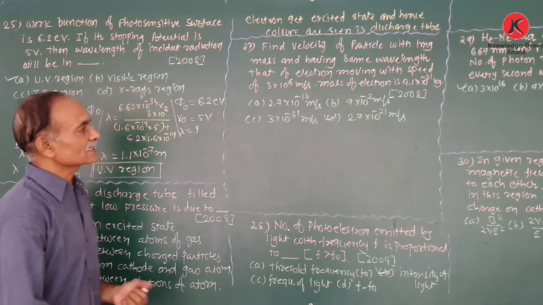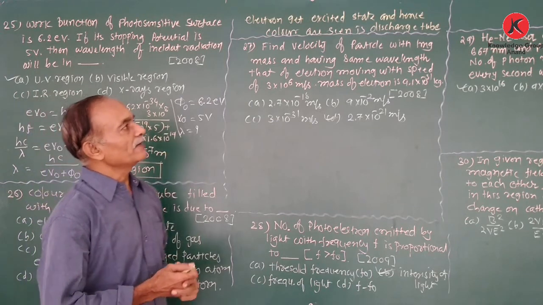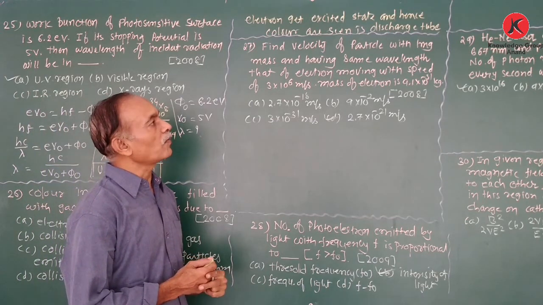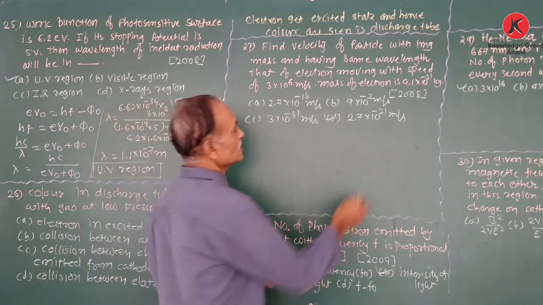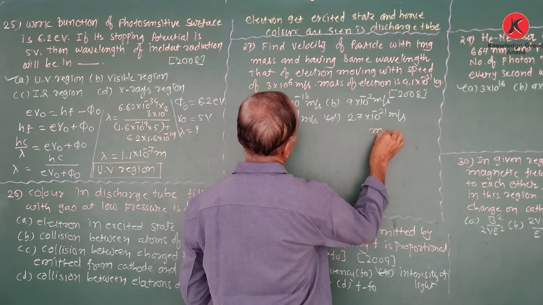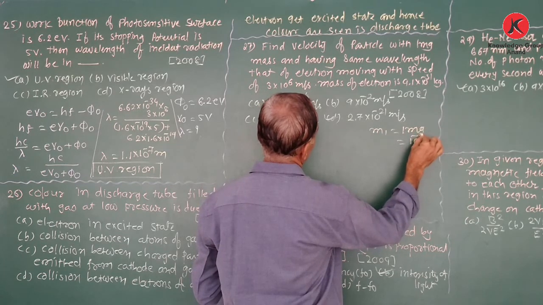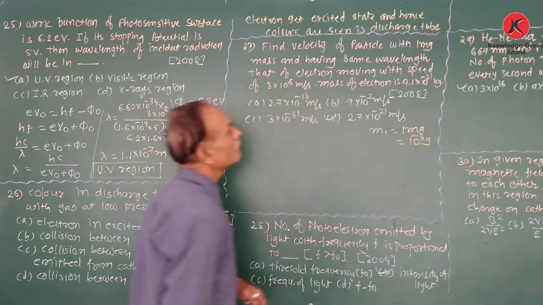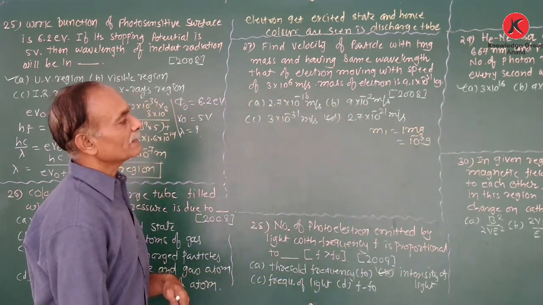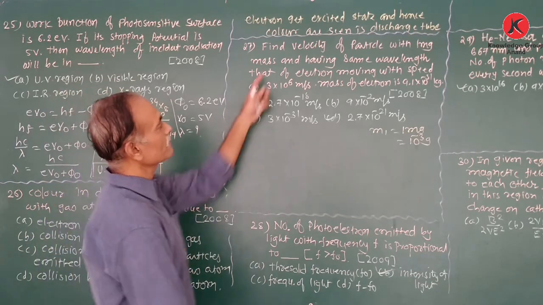After that, the next question, asked in 2008: find the velocity of the particle with 1 mg mass. So the mass m1 is given as 1 mg. That means 10^-3 gram, right? That means 10^-6 kg.